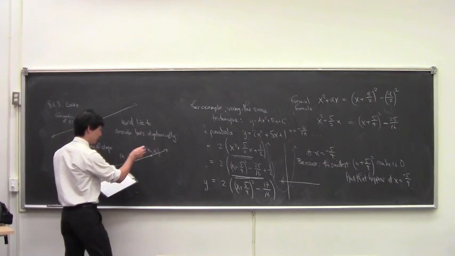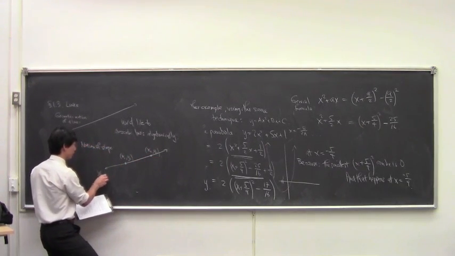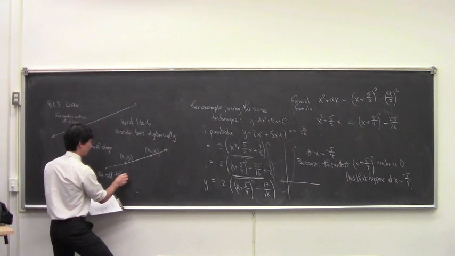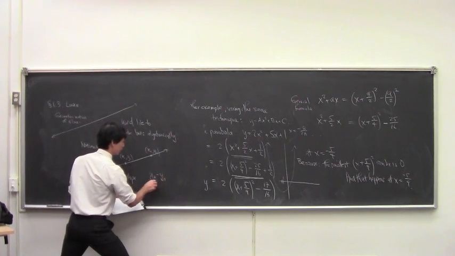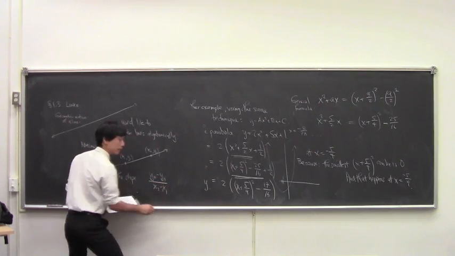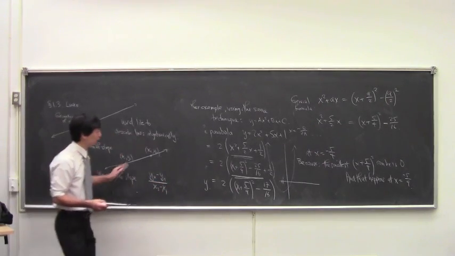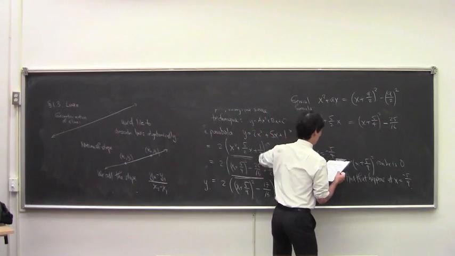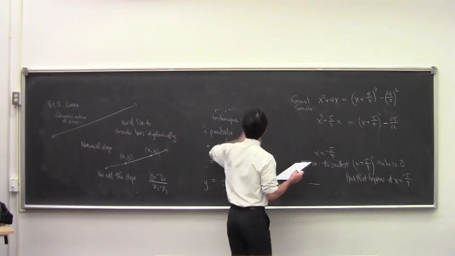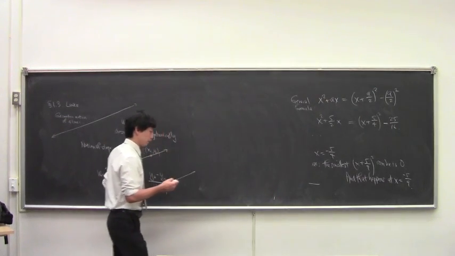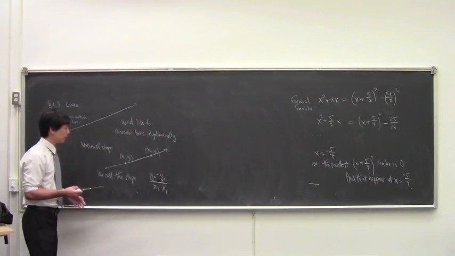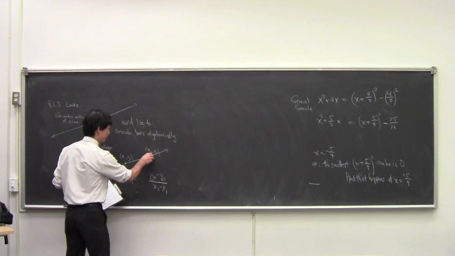And we define the slope as the ratio of y2 minus y1 over x2 minus x1. And so that's what Suki you were remembering earlier. It is the ratio of this difference to this difference.